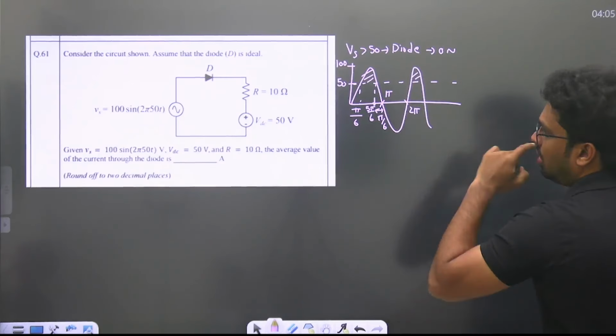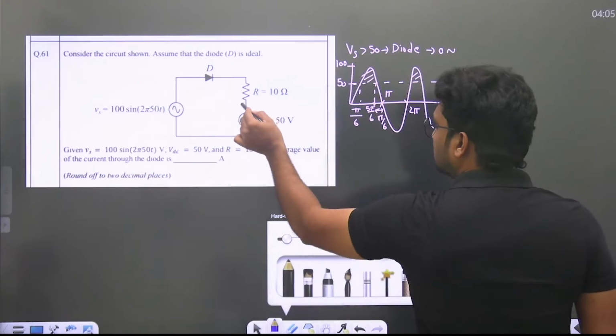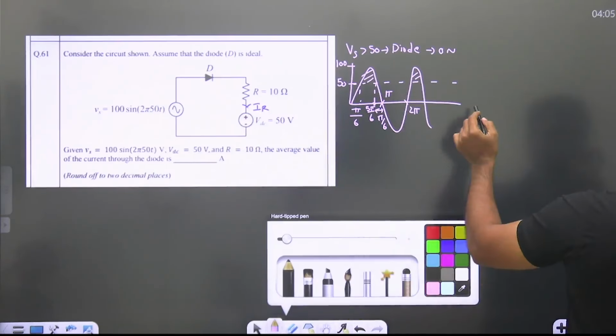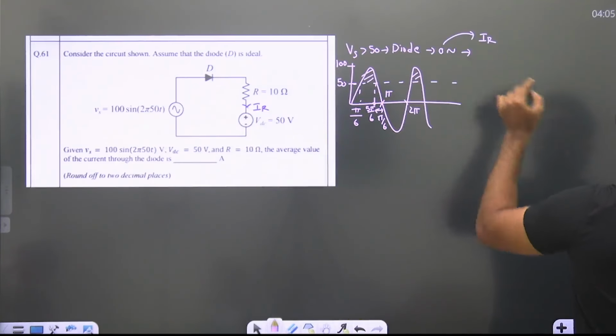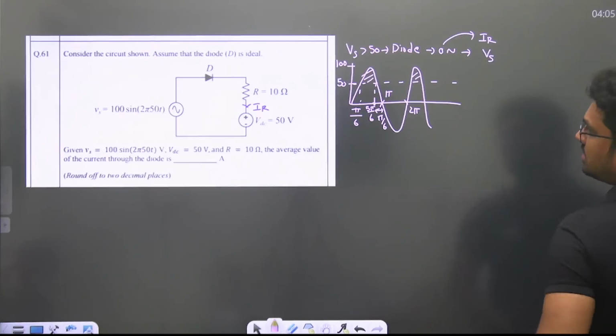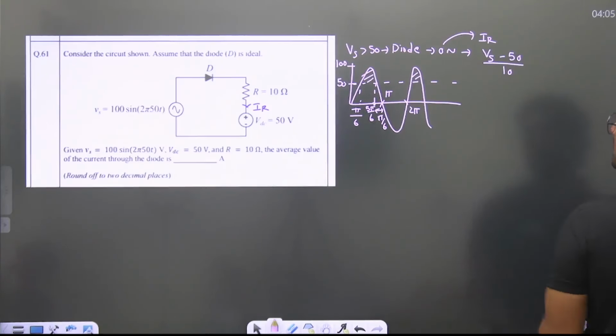When diode is on, what is the current in the resistor? When diode is on, current in the resistor will be equal to source voltage Vs minus the DC voltage 50, by resistance.